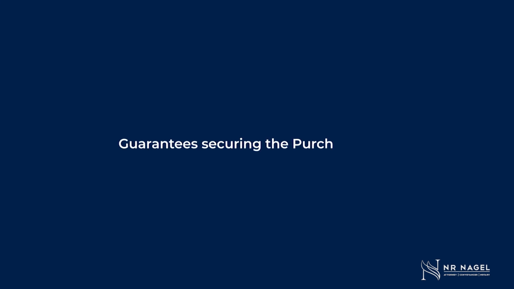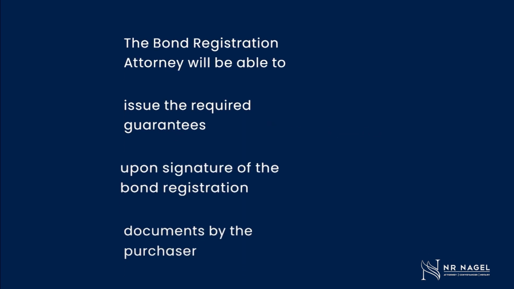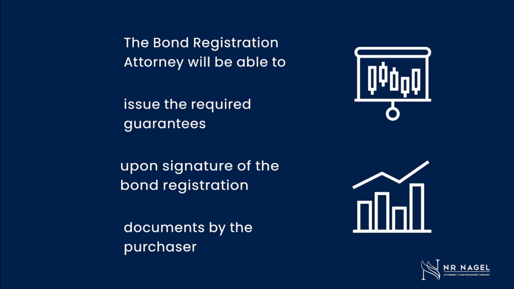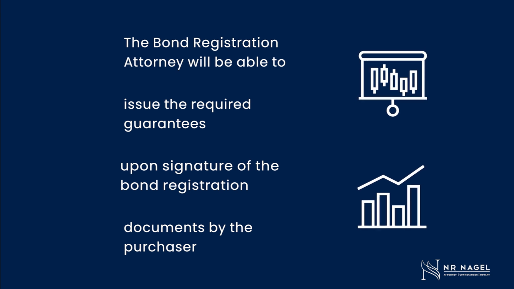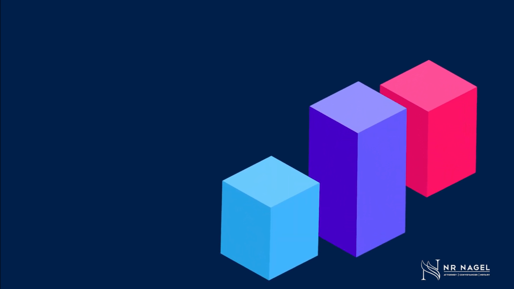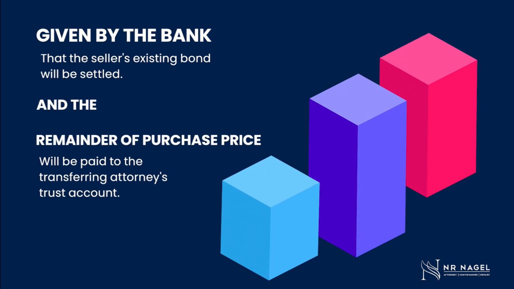Guarantees securing the purchase price. The bond registration attorney will be able to issue the required guarantees upon signature of the bond registration documents by the purchaser. Guarantees are an irrevocable promise given by the bank that the seller's existing bond will be settled and the remainder of the purchase price will be paid to our trust account.